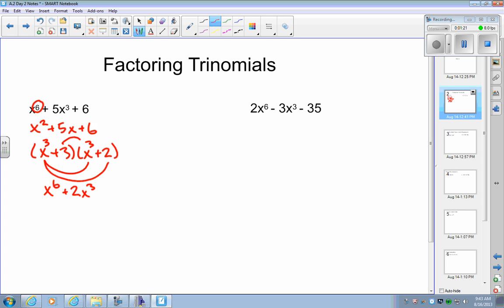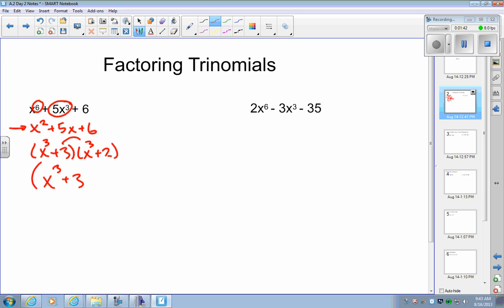When you do this, you get a 3x cubed, added together gives you the 5 right there. So when you see these with higher exponents, just make it something you are able to do. I'm confident everybody can do this problem. When you're done, just go back and change it. So there's our final answer.